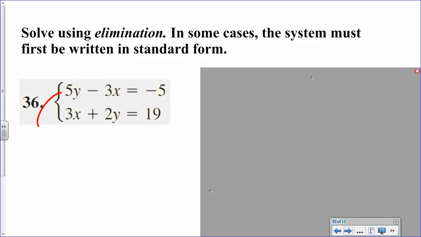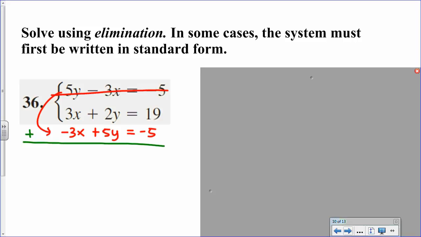So I'm going to write negative 3x plus 5y equals negative 5. Okay. Now, can I eliminate by adding or subtracting? Would I add or subtract? And what eliminates? Yep, good.